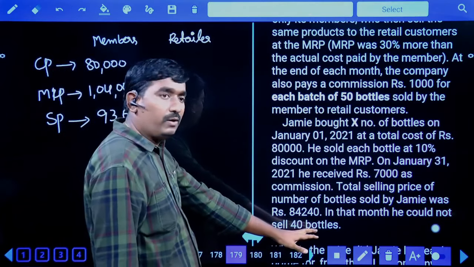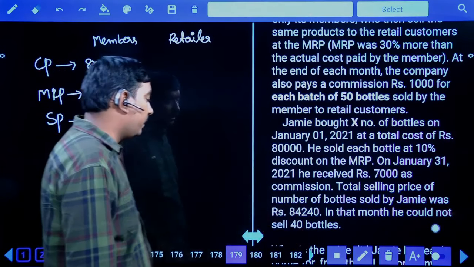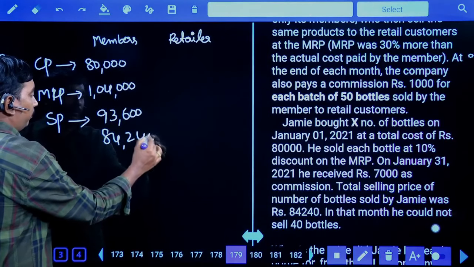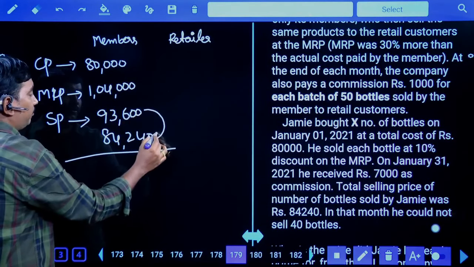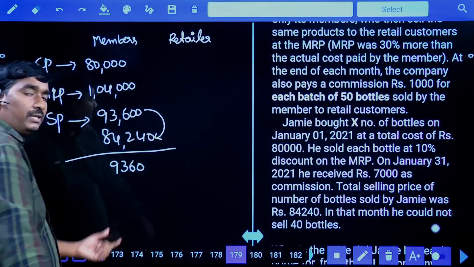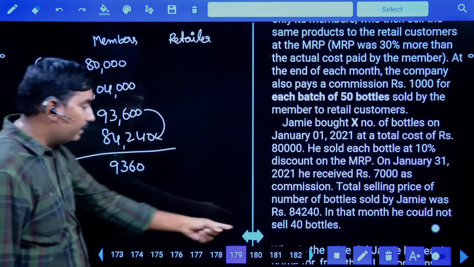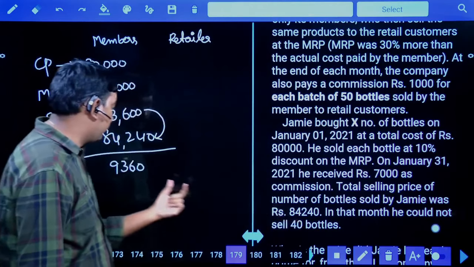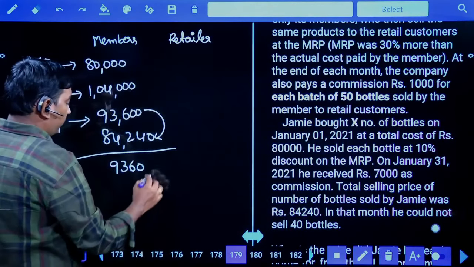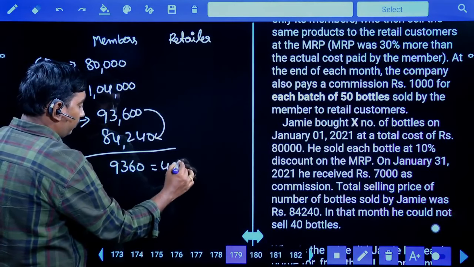Unsold bottles are 40. Sold bottles selling price is 84,240. Difference among these two is 9,360. 9,360 is the selling price of unsold bottles. How many bottles were unsold? 40 bottles were unsold.